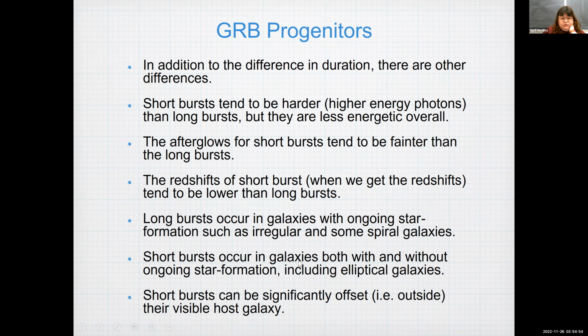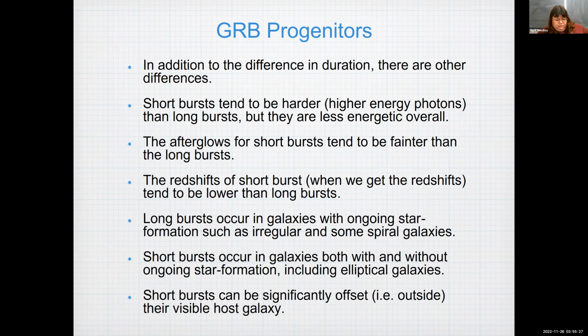While the short bursts tend to occur in galaxies, some with ongoing star formation, but a lot of times in ones without ongoing star formation, including elliptical galaxies. They can also be significantly offset from the host galaxy, basically outside the visible host galaxy.